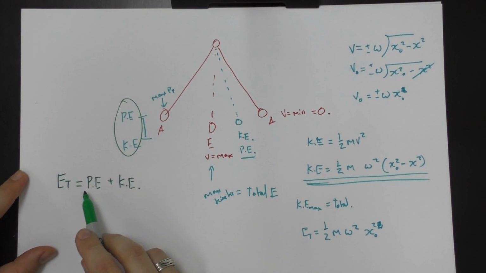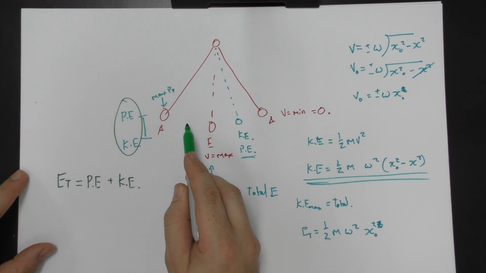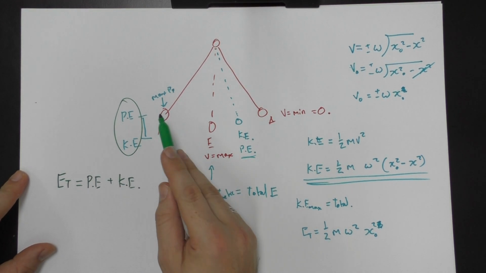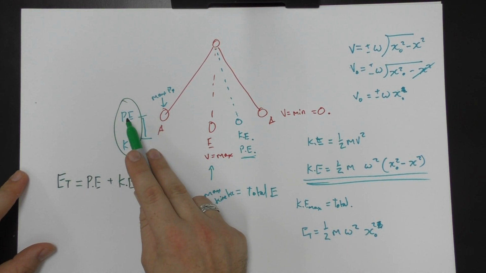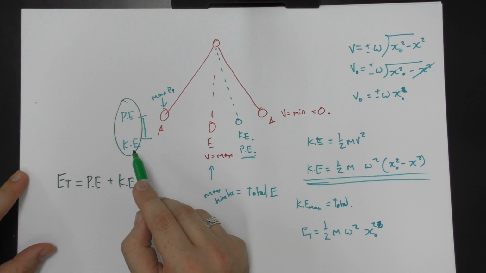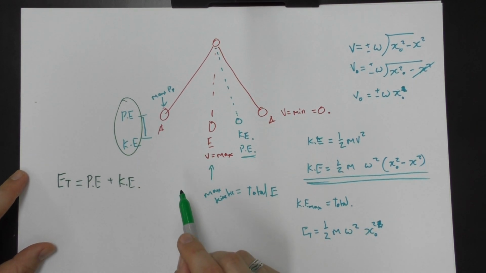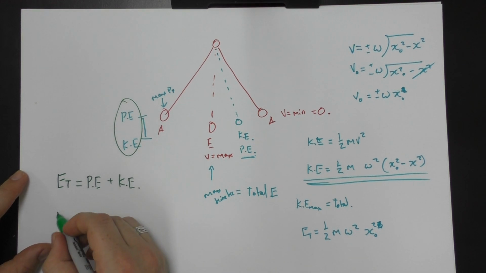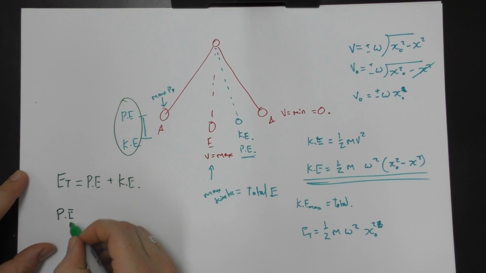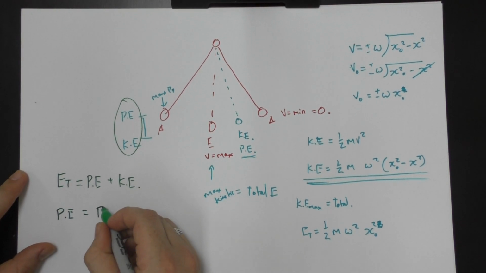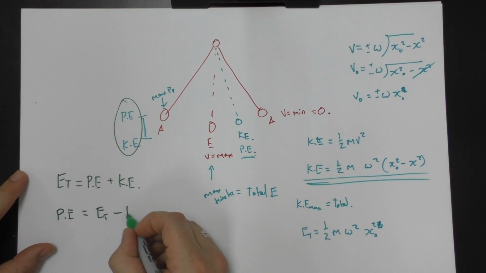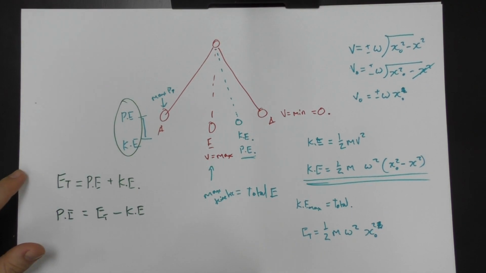It's got to be, because at any one point it's going to have some potential and some kinetic. Obviously at the tops it's got the max potential and the minimum kinetic, and then vice versa at the equilibrium. But we can then use this to say that the potential energy is equal to the total energy minus the kinetic energy.